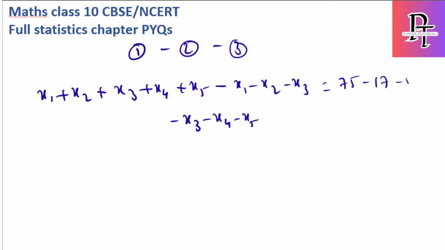So x1, x2, x3, x4, x5 cancel out, and simply I'll get minus x3 is equal to 75 minus 51, which is 24.